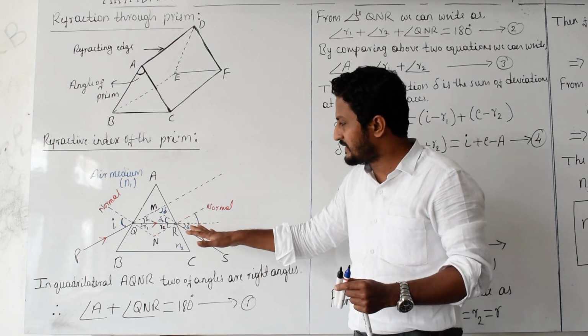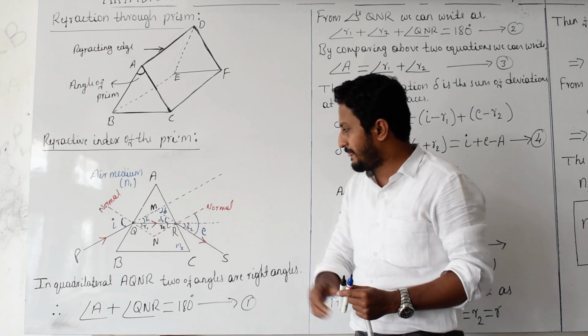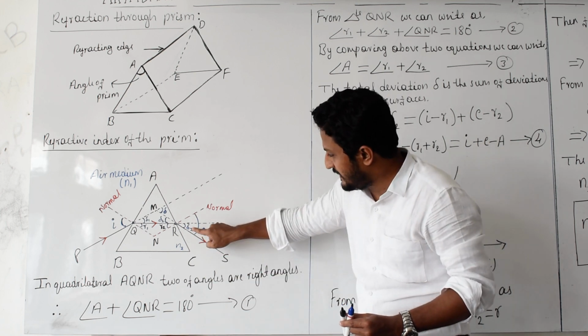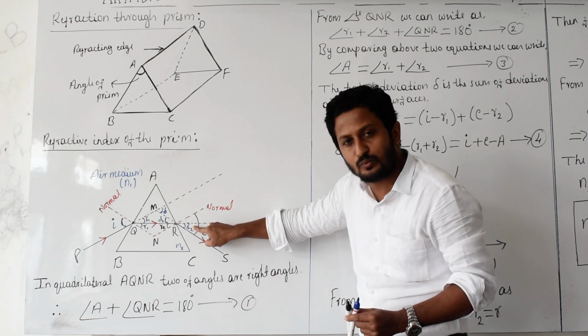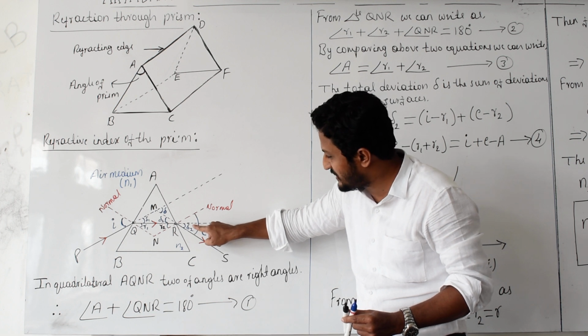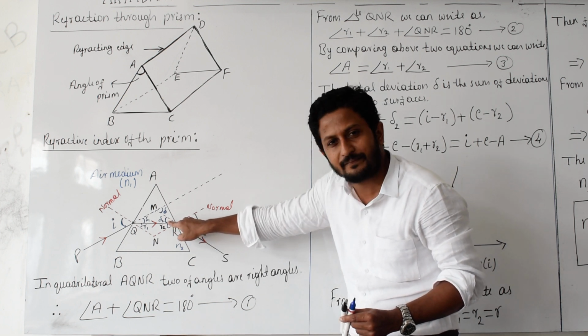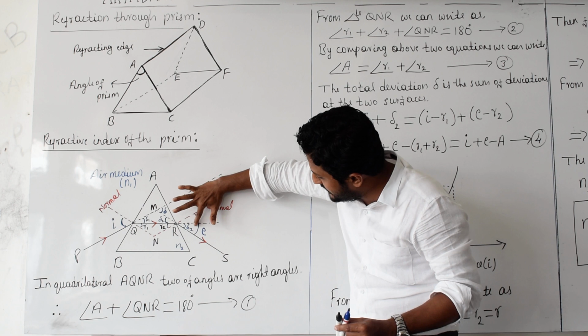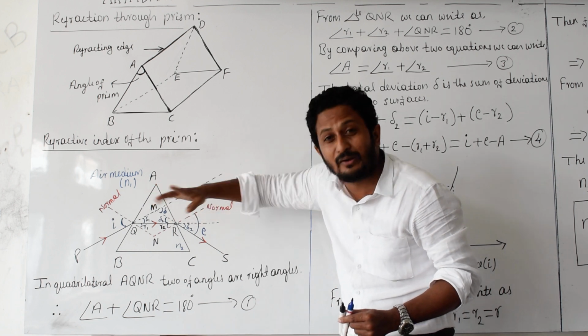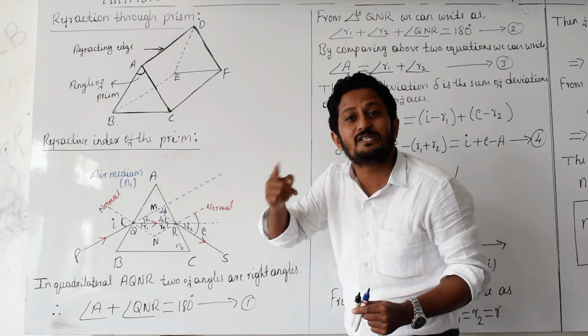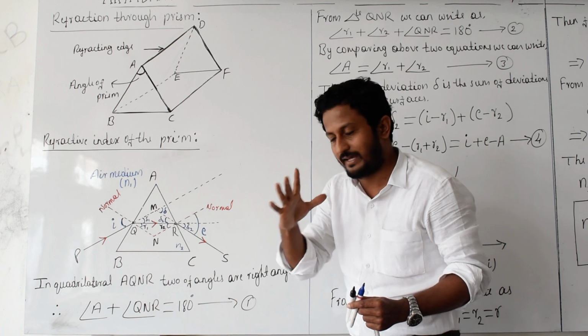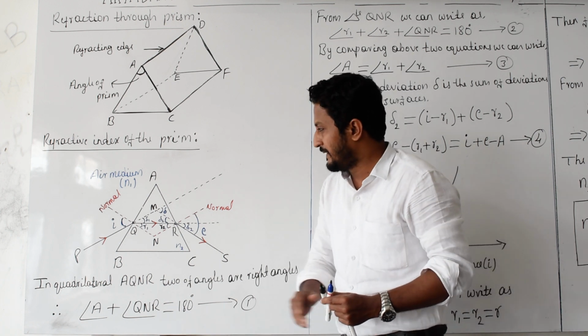We go with this diagram now. I said this deviation delta 2, I shifted from here to here. Look at the diagram. This delta is shifted here. Why? Because of vertically opposite angles.